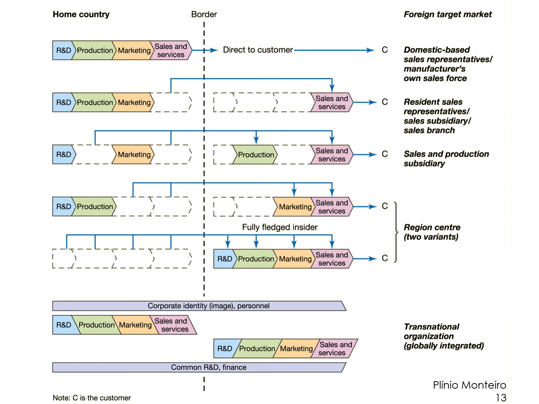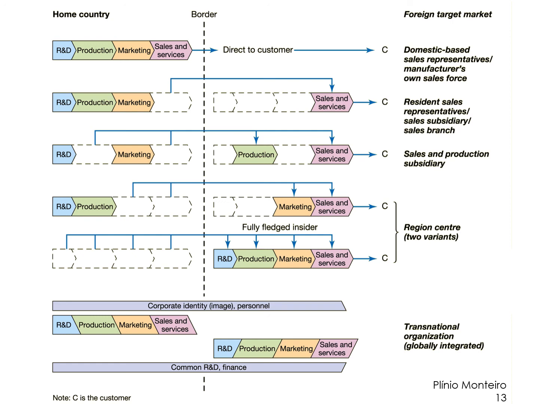In the case of the resident sales representatives, sales subsidiary or sales branch, everything related to research and development, production, and marketing, you do in the home country. But then you're going to have sales representatives in the foreign market to deliver the products there. In the sales and production subsidiary, what is the difference?